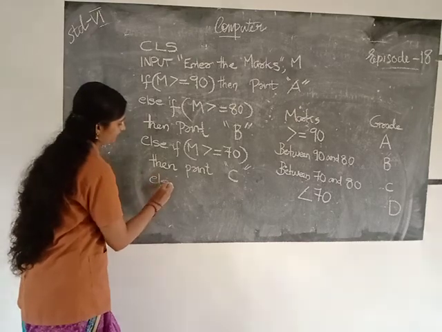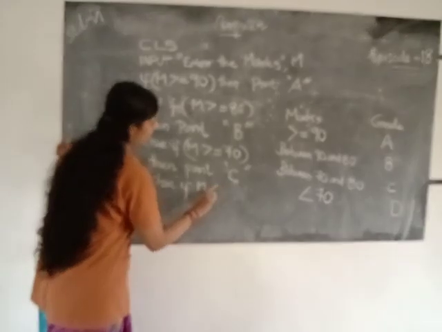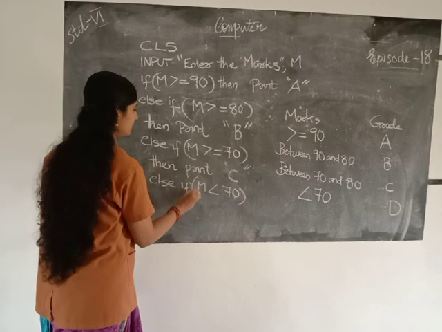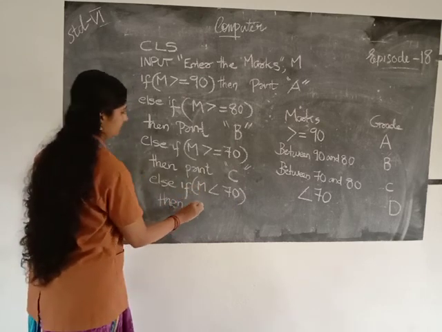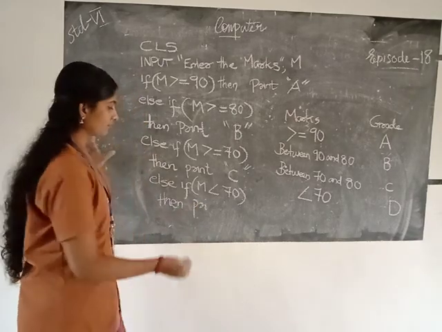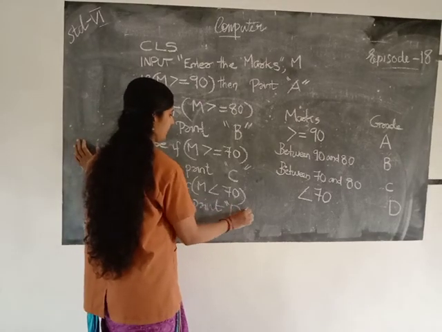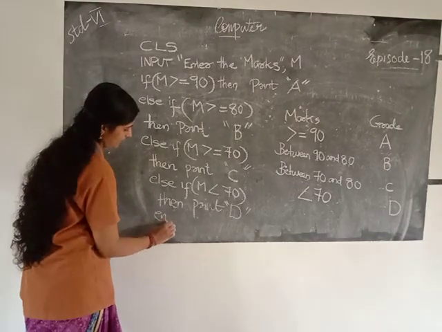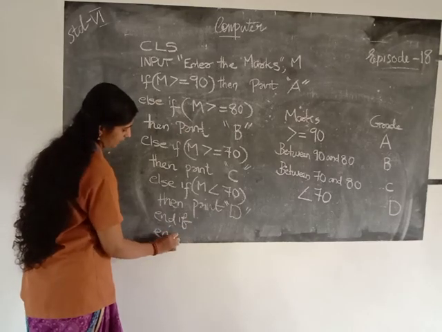ELSE IF M less than 70, then print D. Then END IF, then END program.